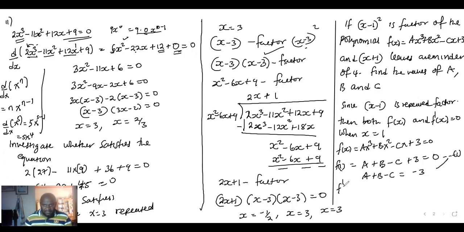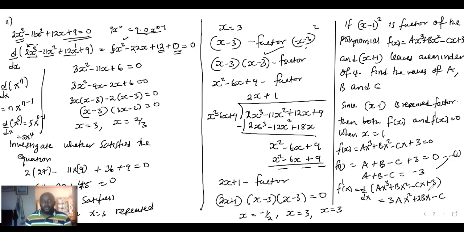Get the derivative. This means differentiate with respect to x. We are differentiating ax cubed plus bx squared minus cx plus 3. When you differentiate, we shall get 3a x squared plus 2b x minus c.